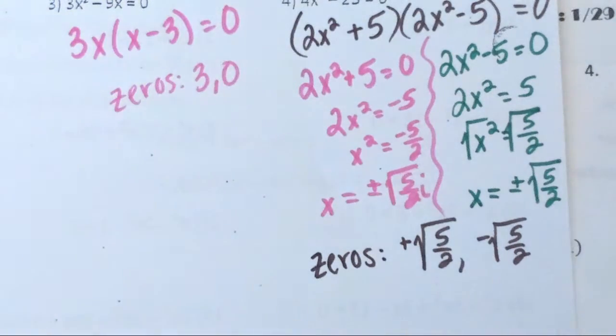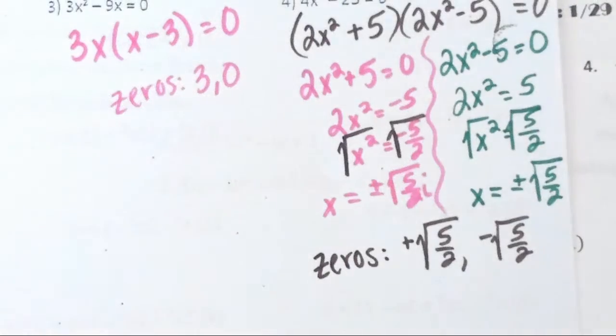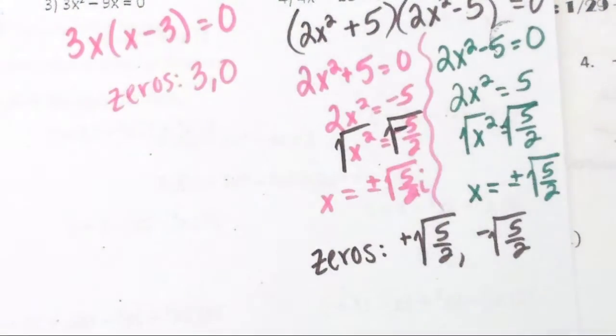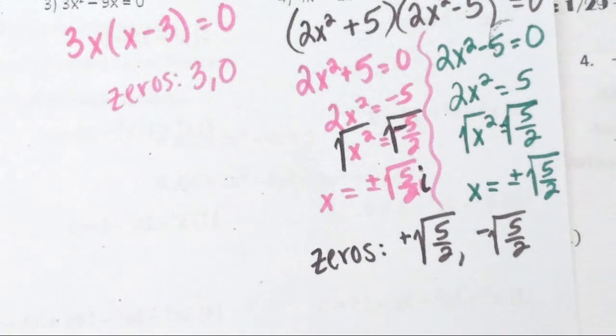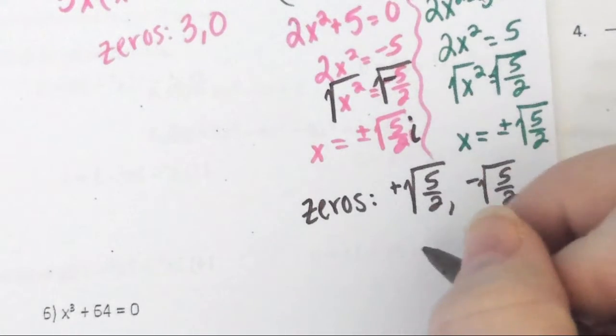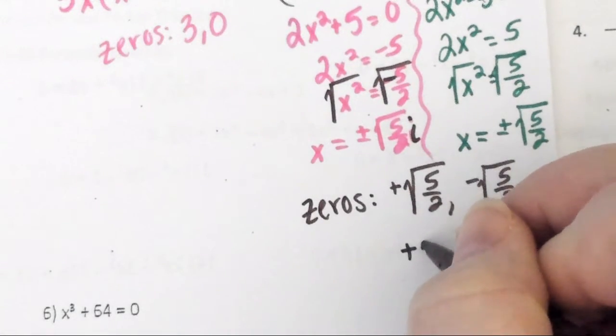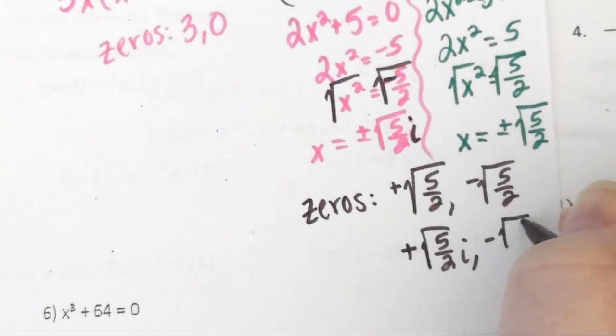Okay, so normally we take the square root of both sides, but they were smart enough to realize, hey, negative under the radical, that's when I've got to bring out i. So I'm super impressed, because this is the first class period that immediately went straight for the i. I'm super impressed with 2 and 5 for going straight there. So we have two imaginary roots at positive square root of 5 over 2 i and negative square root of 5 over 2 i.